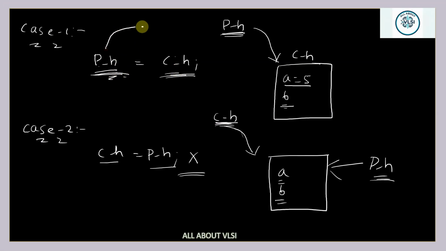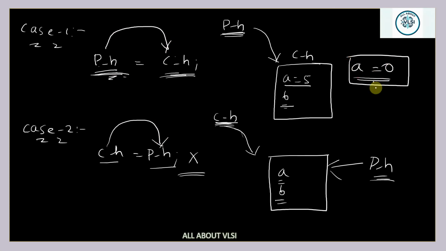Parent will be pointing towards child like this, and here child will be pointing towards parent. If we write a equal to zero, zero is assigned to a.